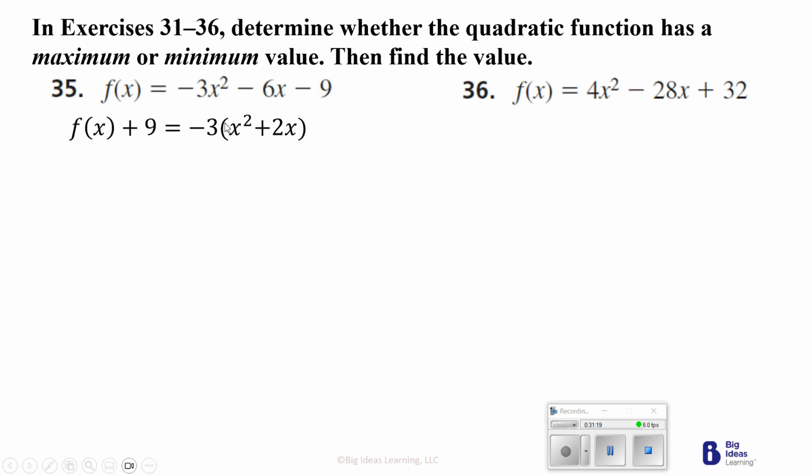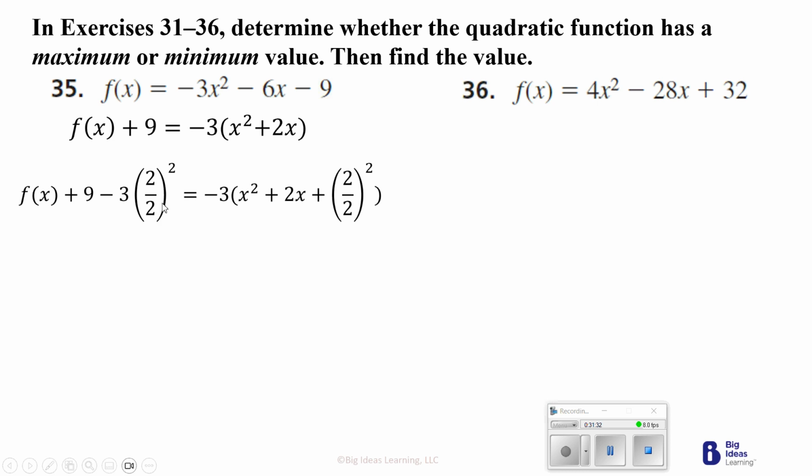We'll make sure it works. Negative 3 times x squared would be negative 3x squared, and negative 3 times 2x would be negative 6x, so that works. Next, we're finding the perfect square of 2. That's going to be 2 divided by 2, which is 1. 1 squared is going to be 1. So that means we're adding one to both sides, right?